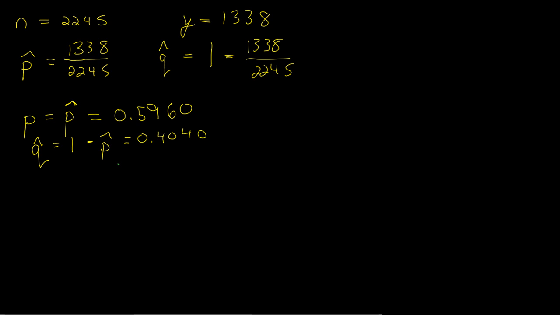So we have our percent of success and our percent of failure, which will help us in determining our range. So for 90%, our critical value, and this is the table on page 299 in the book, our critical value at 90% is going to be 1.645.